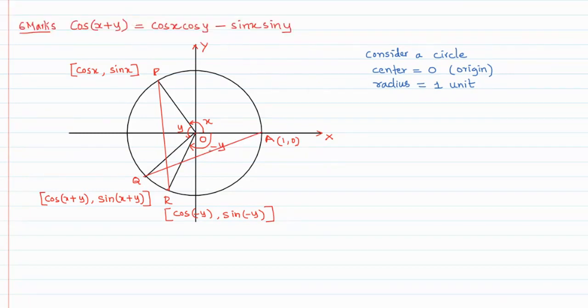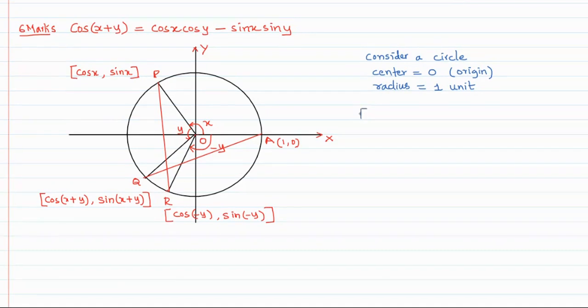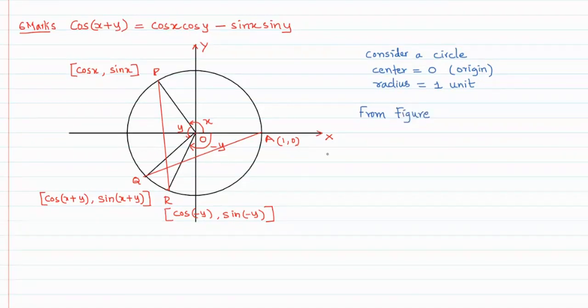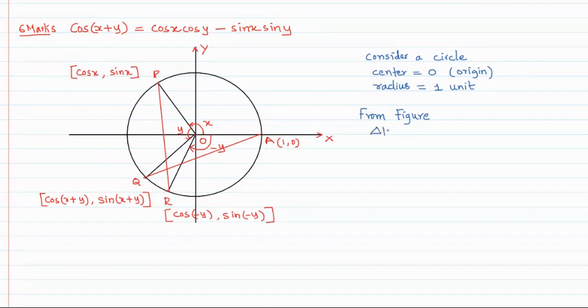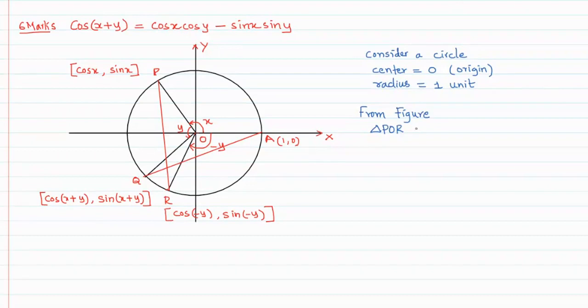If you observe the figure, two triangles are similar. Which are those triangles? Triangle POR is similar to triangle AOQ.